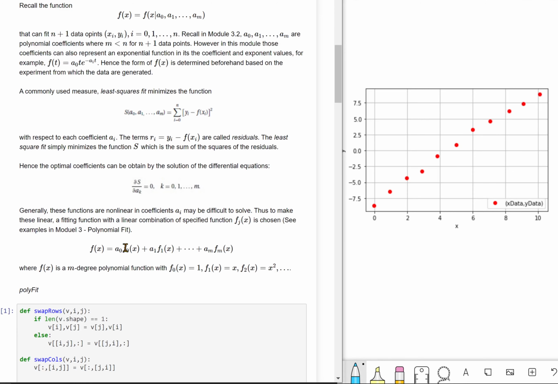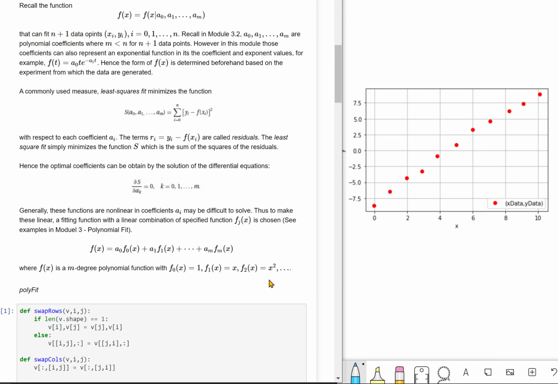So basically the idea is simply this. You have the function f of x, where f of x is an m-degree polynomial function. For example, the first term is 1, the second is x, and the other one is x squared. There are other ways to express that. Instead of polynomials, you can use trigonometric functions.